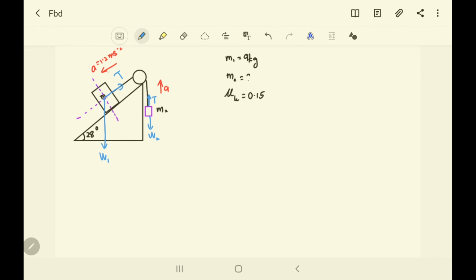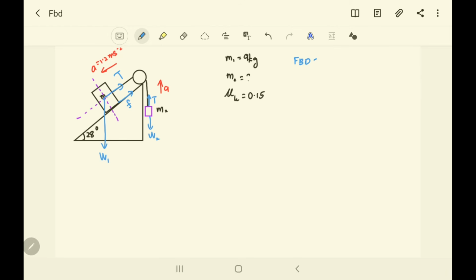Okay, and the object is moving in this direction, ke bawah, downward. Okay, so make sure you draw the friction force in the opposite direction to the motion A. A ke sana, ke kiri. Okay, and apa lagi kita ada? Alright, that's all.